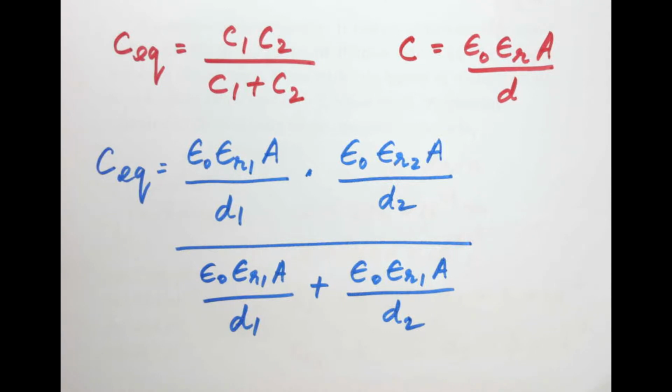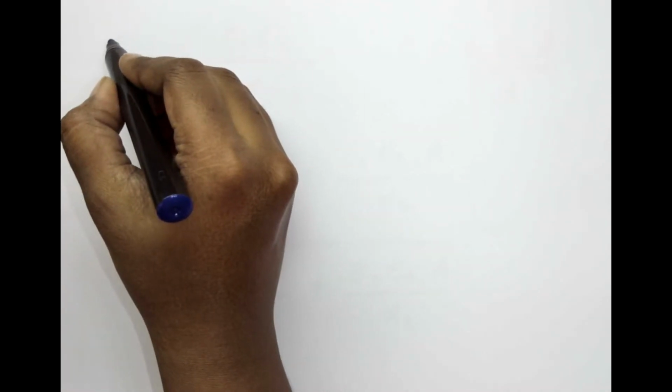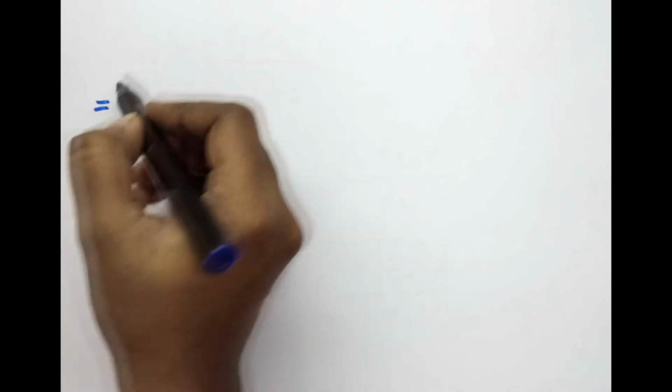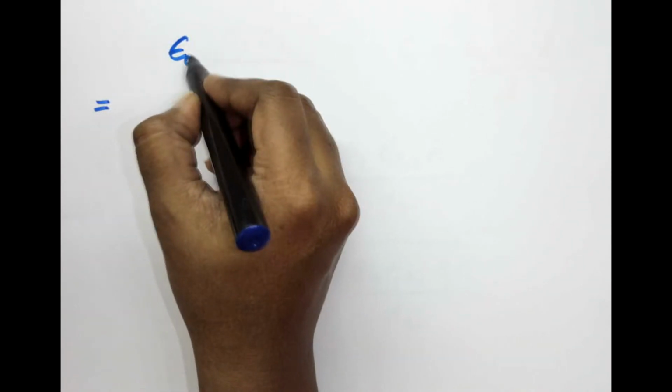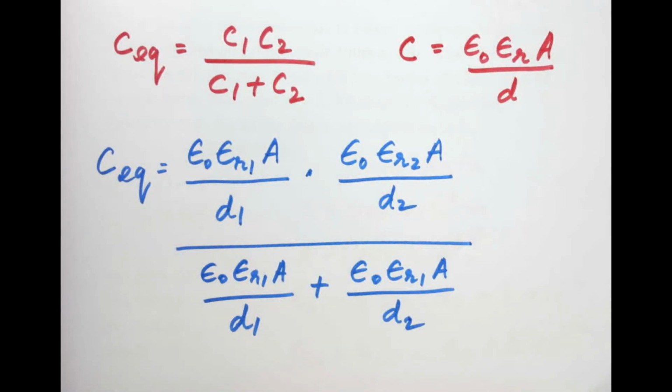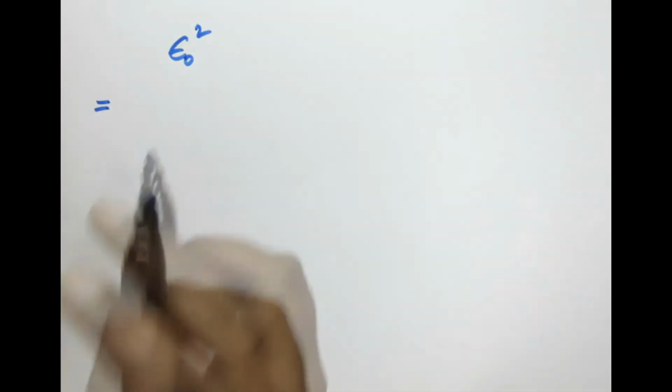Okay. Now what can we take common over here? I believe we can take epsilon naught into A common in the denominator. Let me just note that down here for you. So this would be epsilon naught square, since we have epsilon naught there in the numerator.